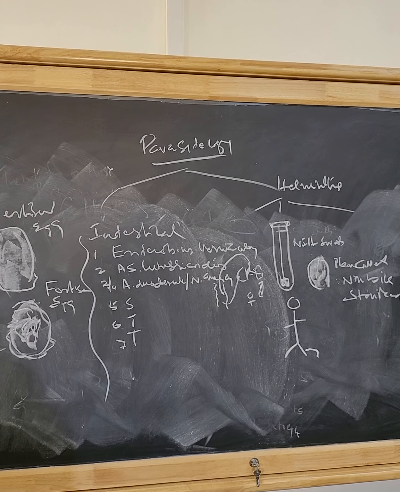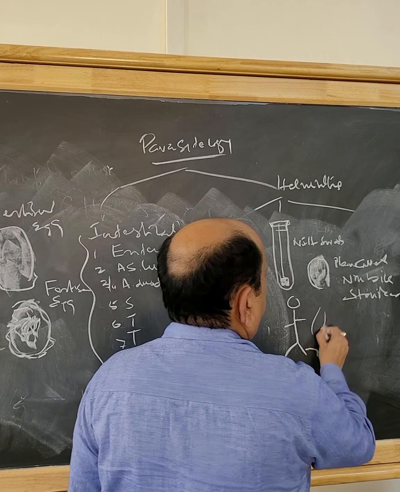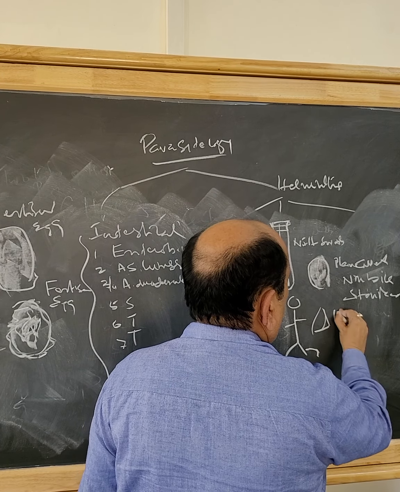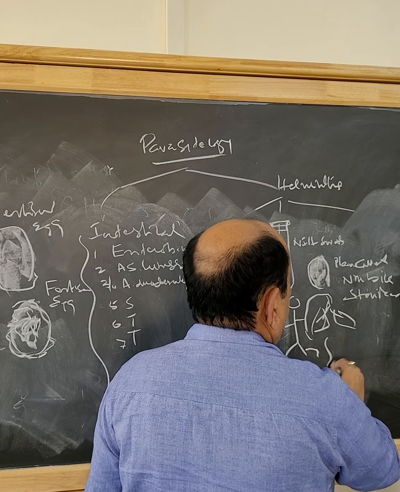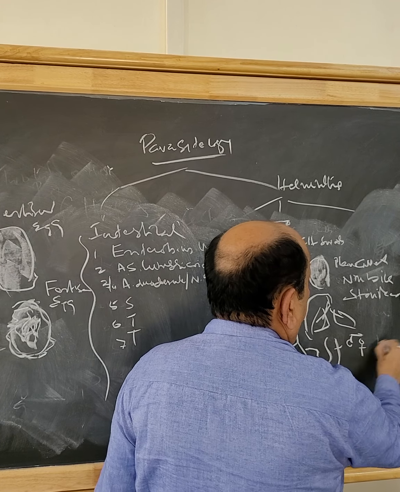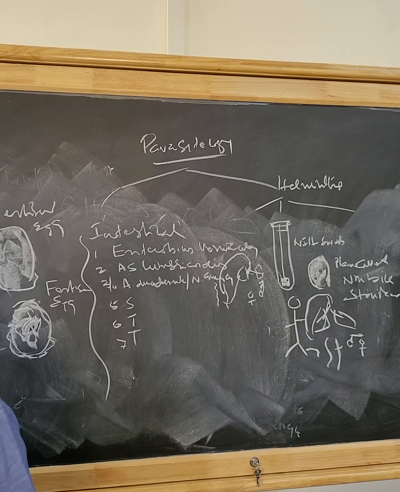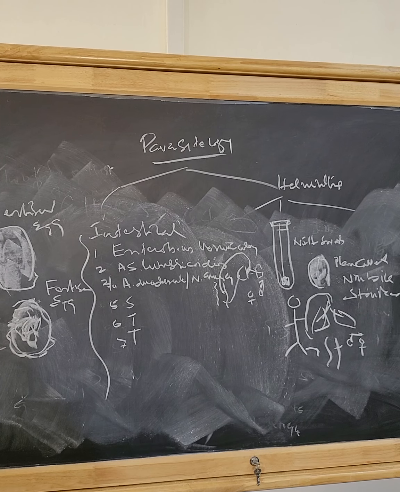The filariform larva is infective. Through the veins, it goes to the lungs. Just like Ascaris, it comes to the intestine where it develops into male and female adult worms. In the intestine, they suck blood.